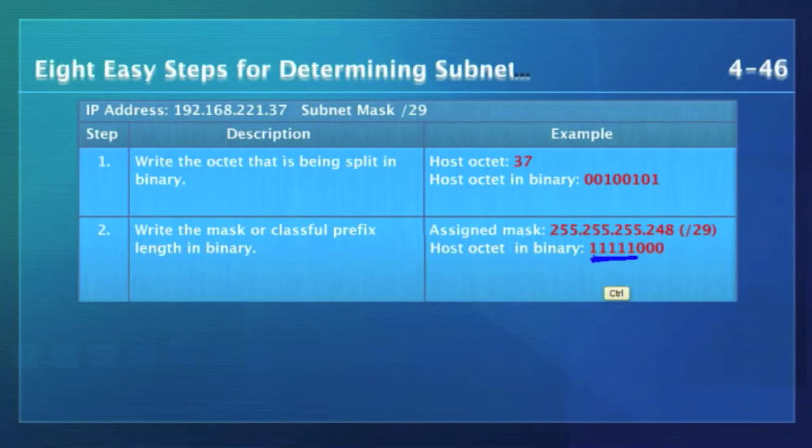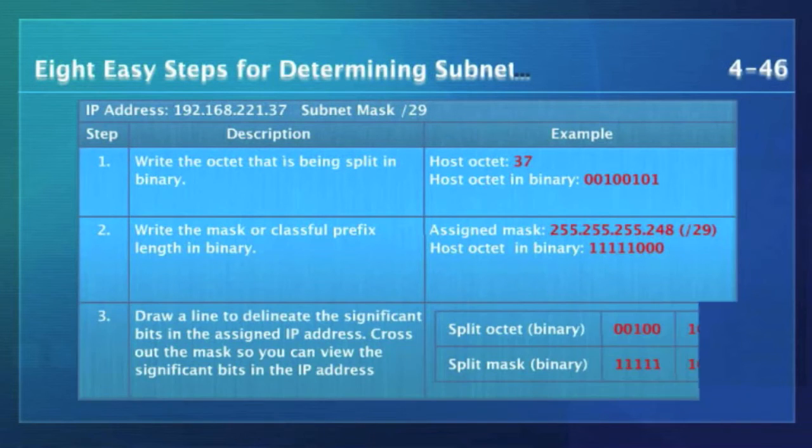Those are the borrowed bits. So we've got our octet written out in binary. We've got the mask written out in binary. Now we draw a line in between the bits.